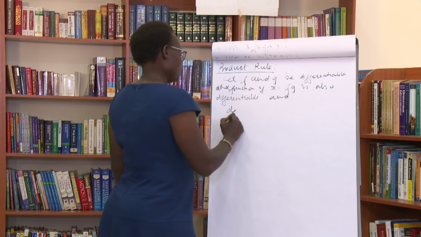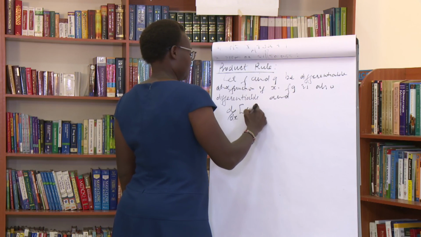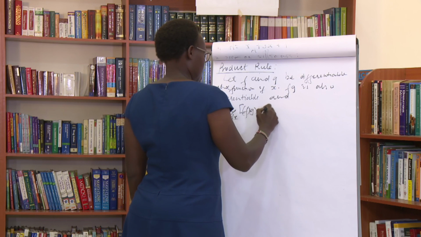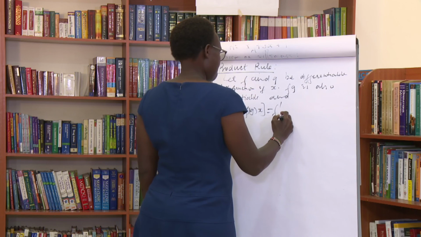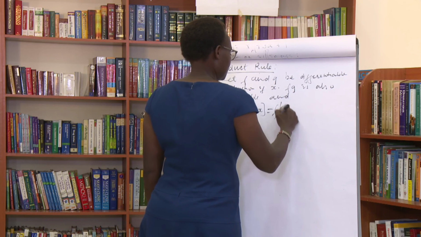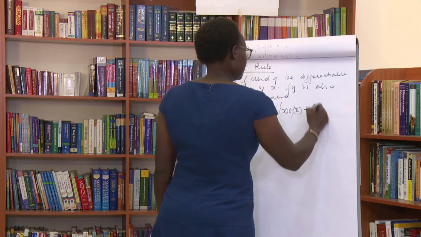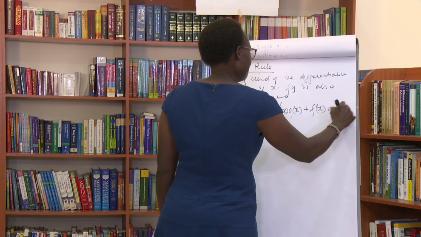The derivative of fg is going to be f bar x g x plus f x g bar x.